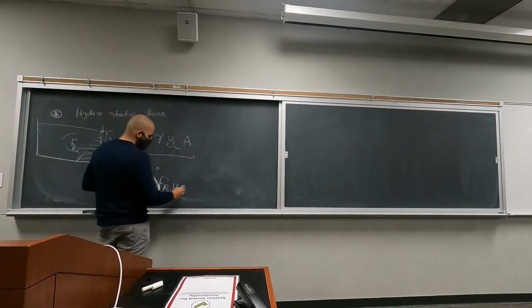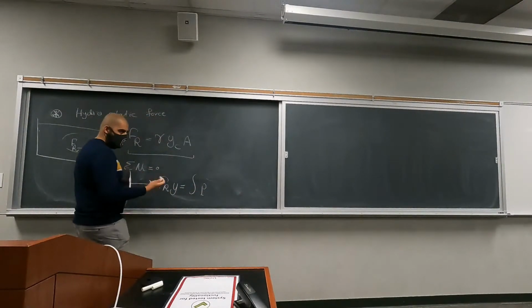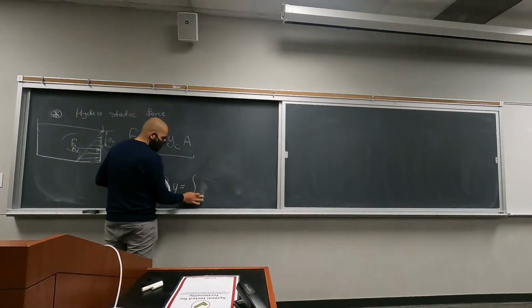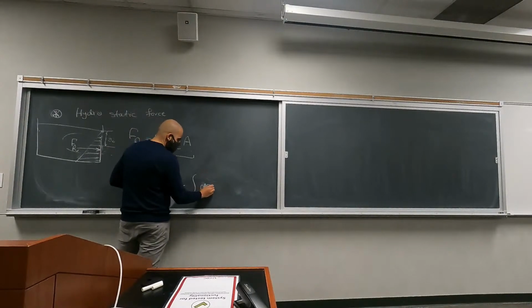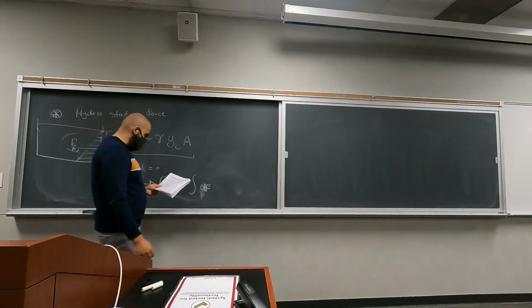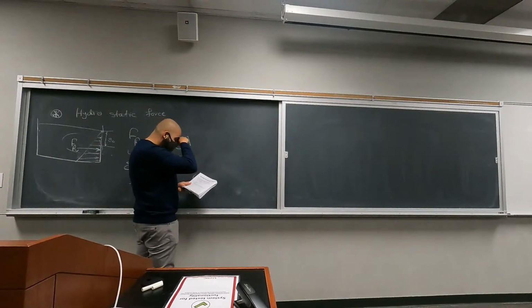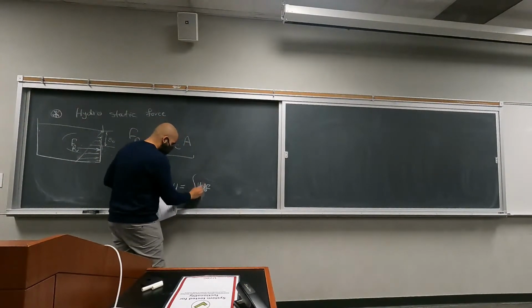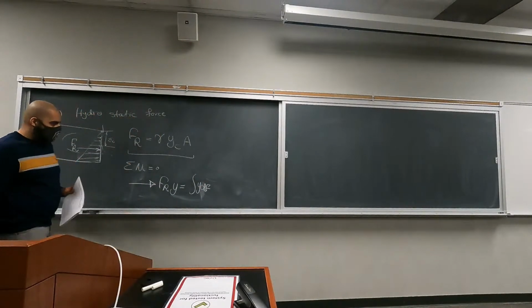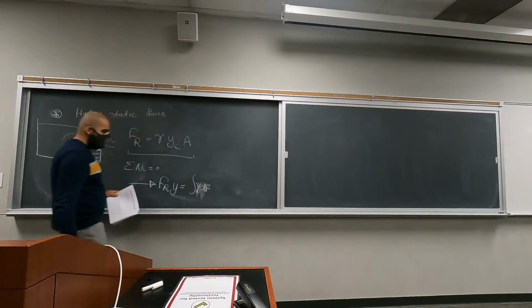And for the rest of it, you're going to have the integral of P. Or instead of P, we can just say a small element of force, dF, multiplied by your area divided by your area. And this is gamma. So gamma dF.